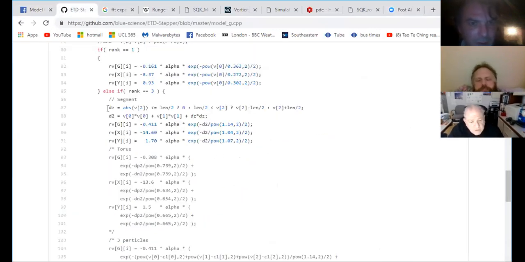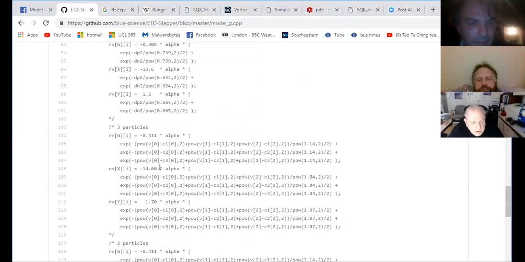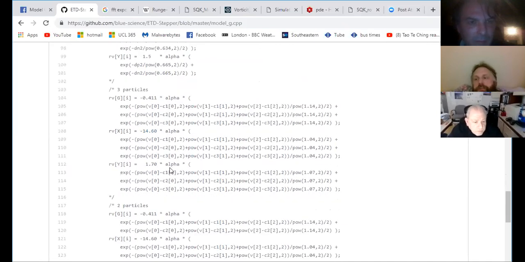Okay, and then you have 3 particles and 2 particles. Okay, that's particles, not dimensions. Maybe that's what he meant by dimensions. He was talking about 1 particle, 2 particle, 3 particle. No, it's particles, not dimensions. It's definitely particles.